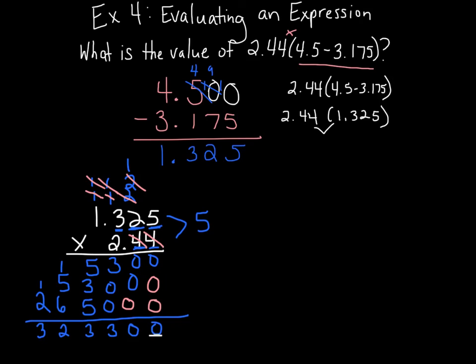So we're going to go 1, 2, 3, 4, 5, and we're going to put the decimal in between so that you have all 5 of those digits after that decimal.